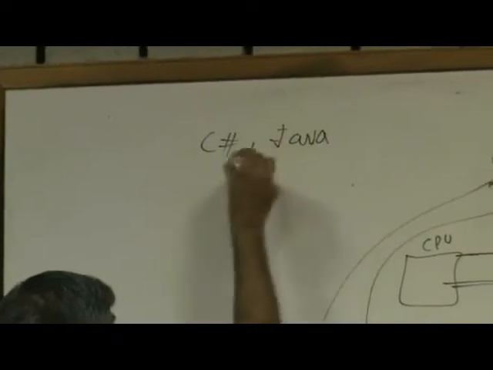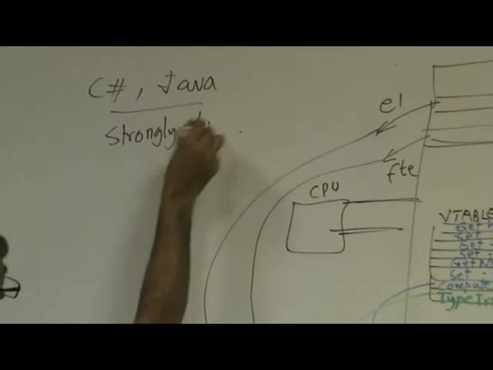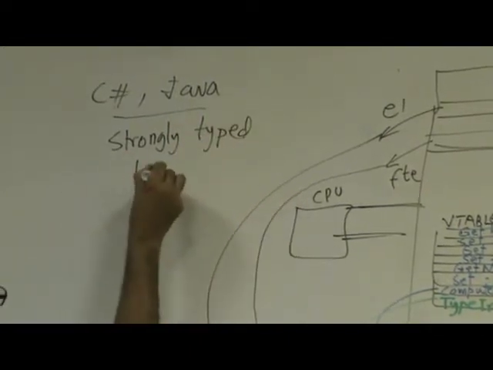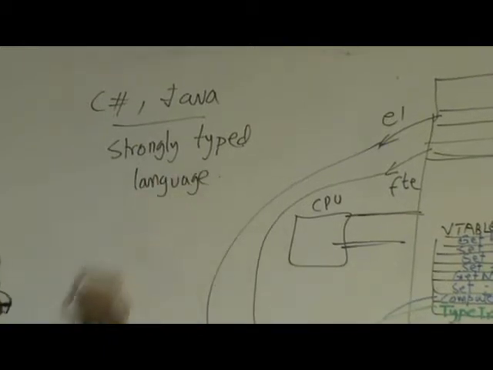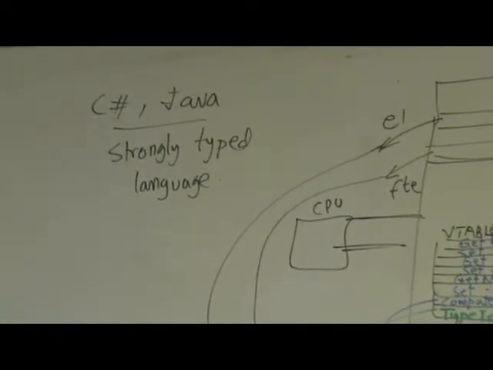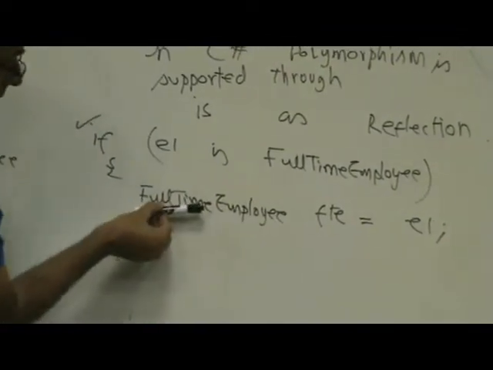are strongly typed languages. In a strongly typed language, the type of the left-hand side has to match the type of the right-hand side, unless we do typecasting, meaning we tell the compiler it's okay to do that. So what's the type of the left-hand side here? Full-time.